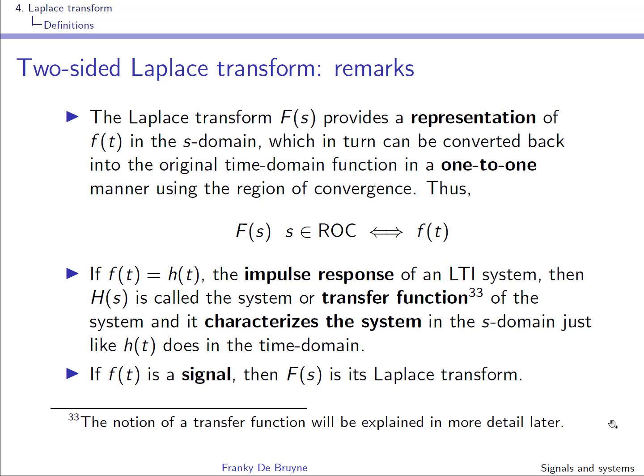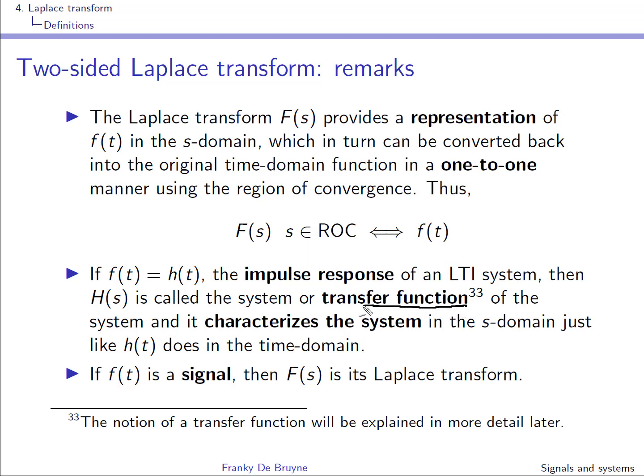So if the function that you're considering is the impulse response of a system, you remember that the impulse response characterizes the system in the time domain. Well, the Laplace transform of the impulse response will be called H of s, and it will be called the transfer function.